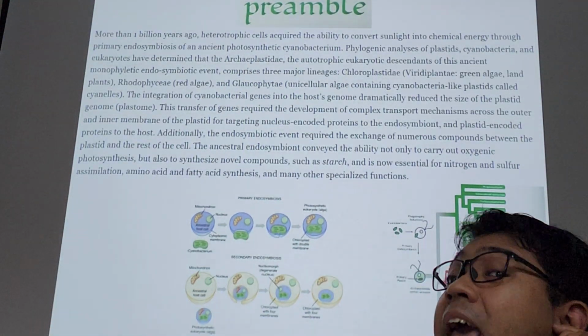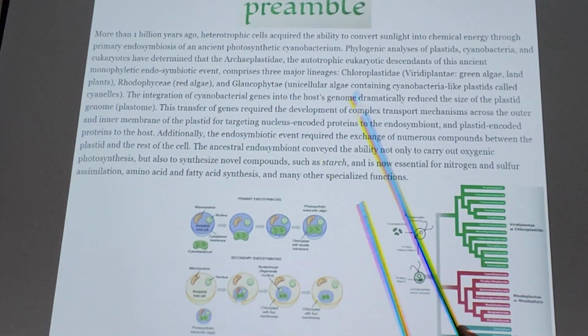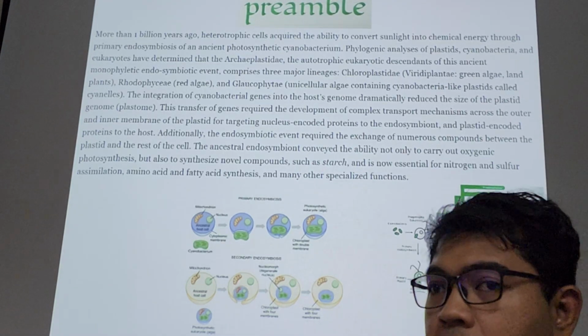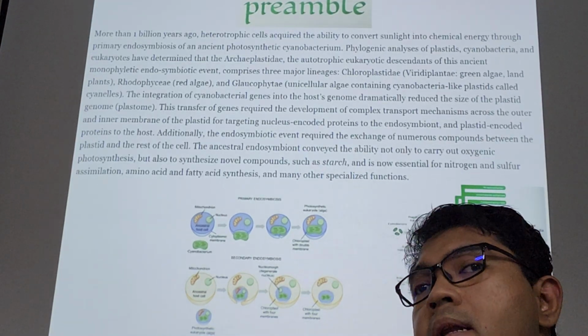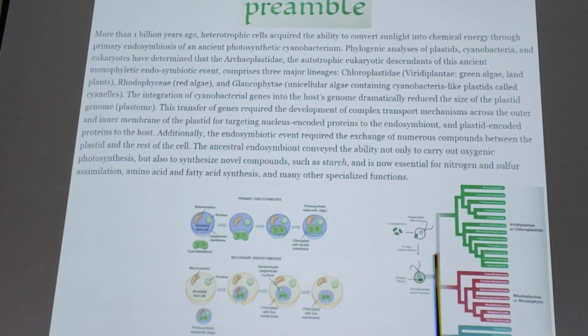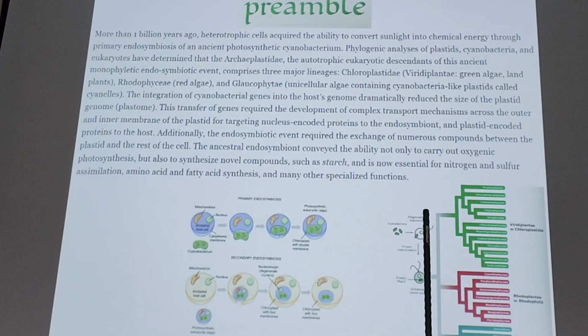Archaic means ancient, a very, very old time ago, right? So this common ancestor undergoes evolution, million upon million upon million of years, and then from these three lineages of photosynthetic organisms came about.